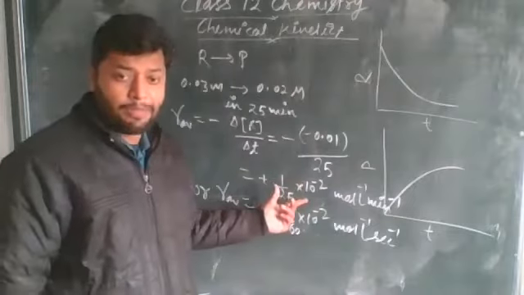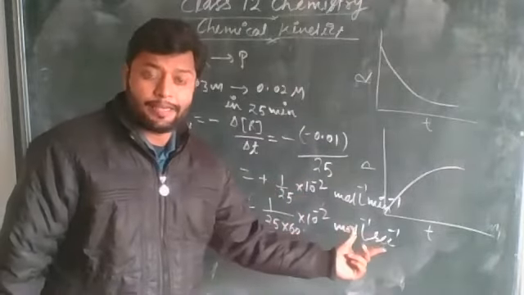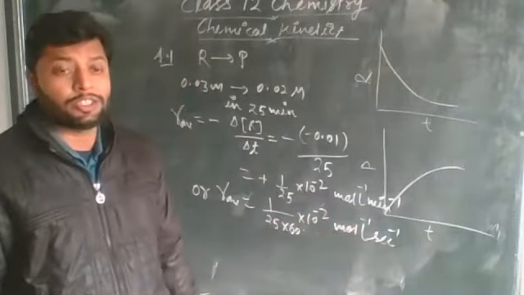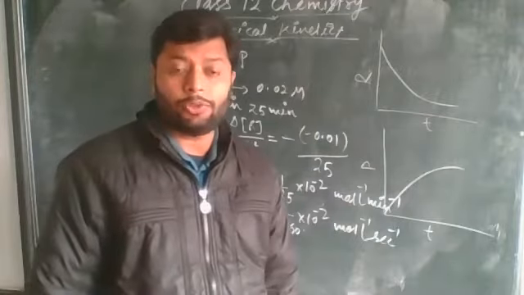So the same value can be converted into second inverse by just dividing by 60.